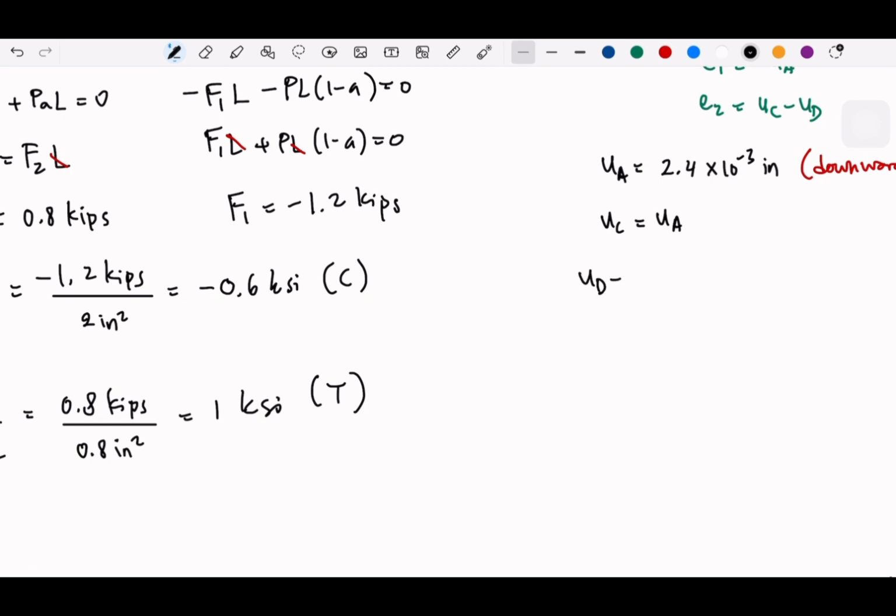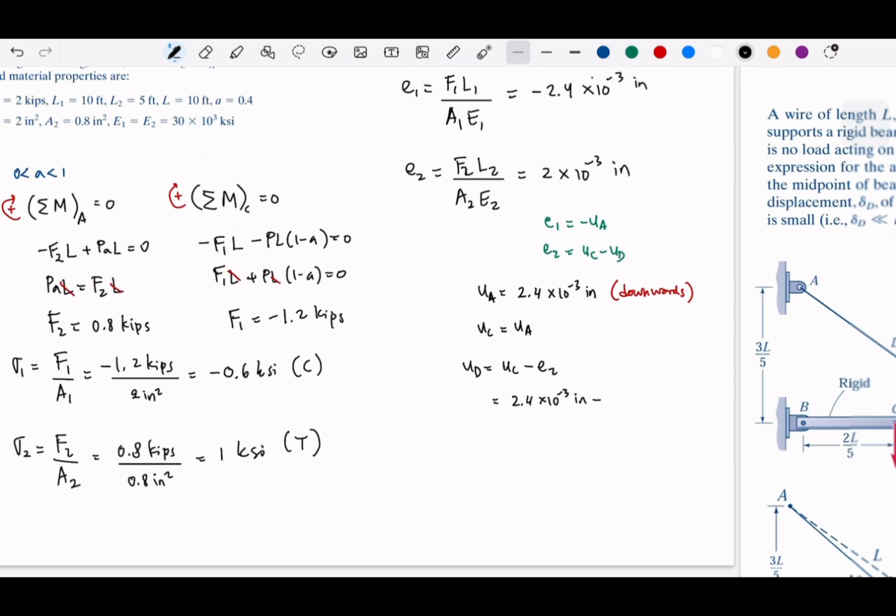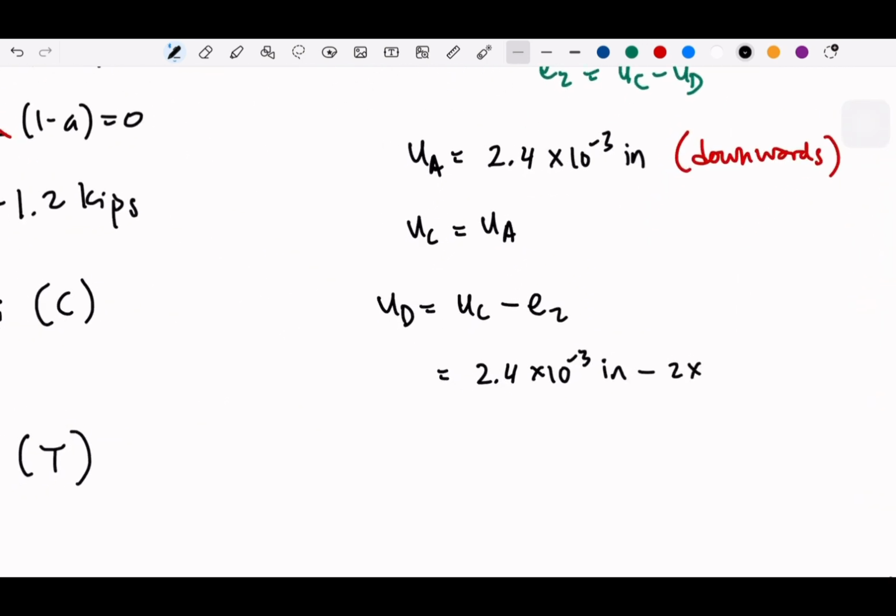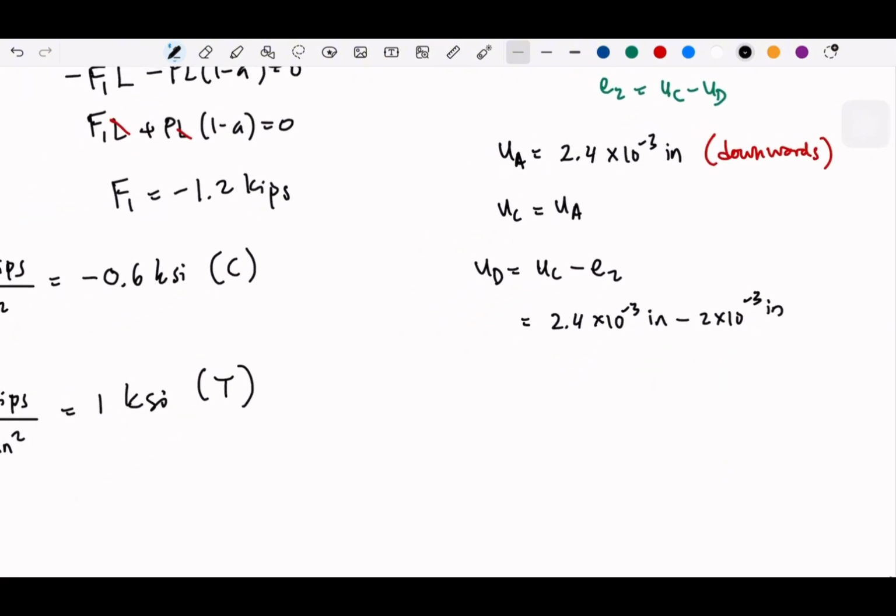And UD will be UC minus E2, minus the 2. So this will be 0.4 inch, and this is also going to be downward.